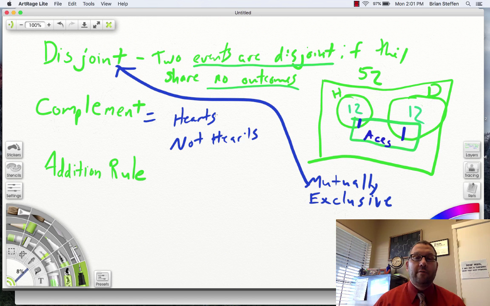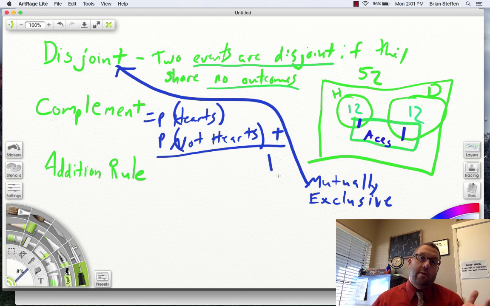What makes those complementary is if I take the probability of hearts and the probability of not hearts and add them up. You think about a deck of cards. The probability of hearts plus the probability of not hearts is equal to 1. That's just like the one thing and then what it's not. And that's what complementary events are.